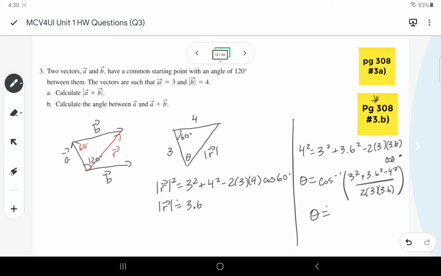And no, it's not. So that is 73.98 degrees. So about 74 degrees for the angle between A and A plus B. So that angle in there is about 74 degrees.